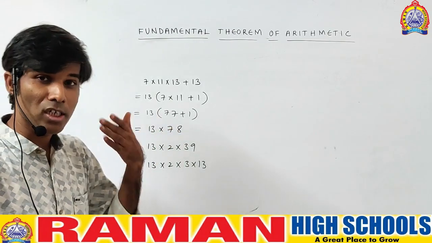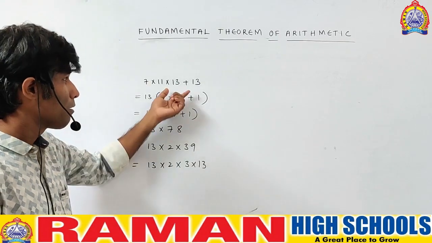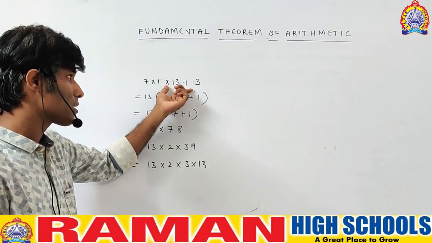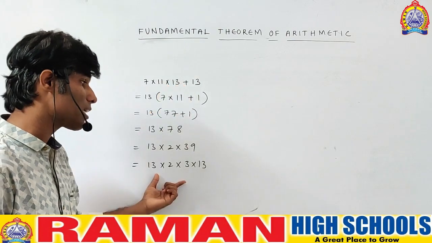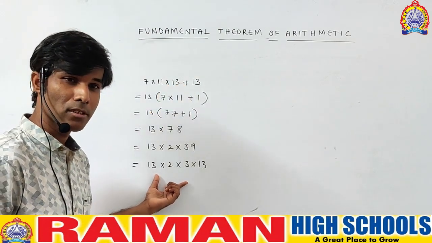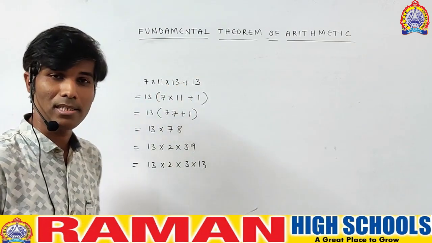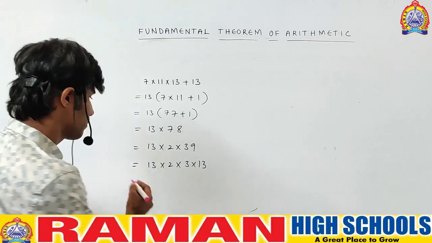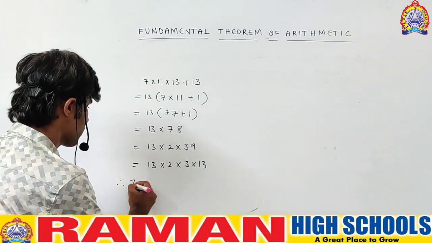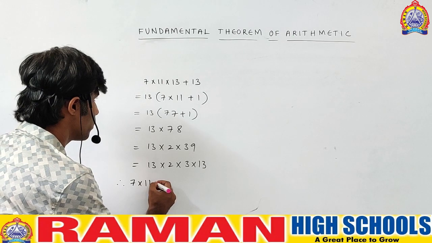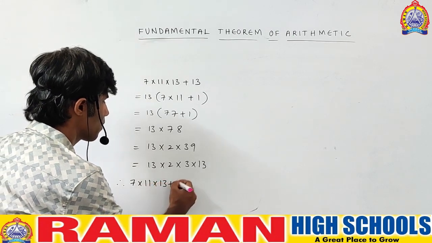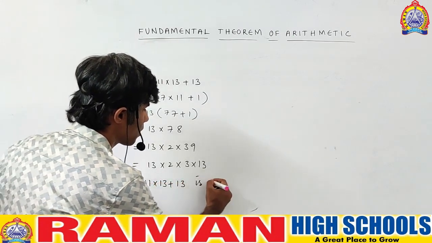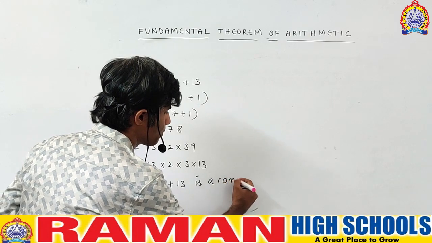Based on that fact, we have factorized this and are able to write it as a product of primes. Therefore, 7 into 11 into 13 plus 13 is a composite number.